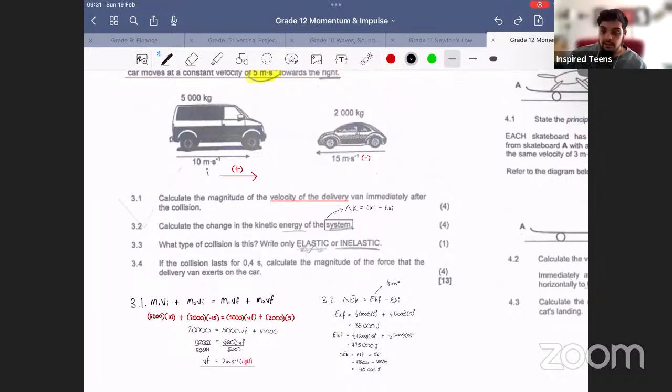Inelastic, inelastic. Okay, why? Why are we saying that it's an inelastic collision?